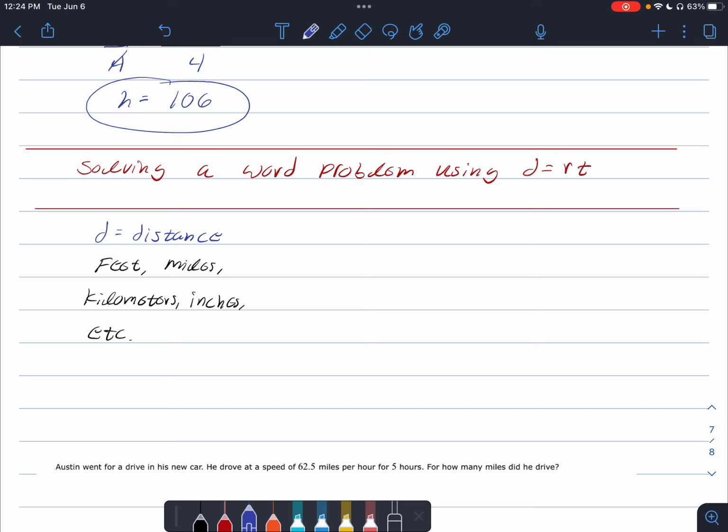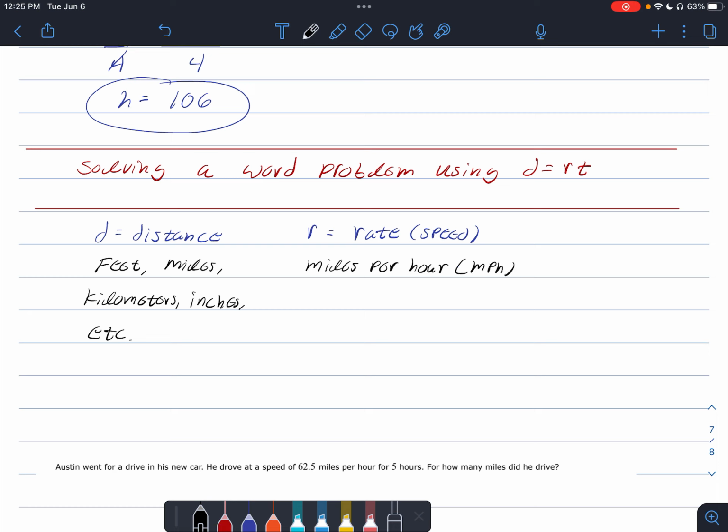You also have R is equal to rate. And the rate is really the speed. You can also think of this as the speed. So, this is oftentimes expressed in some distance per amount of time. So you might have this as miles per hour.